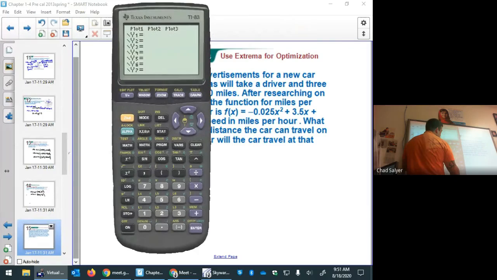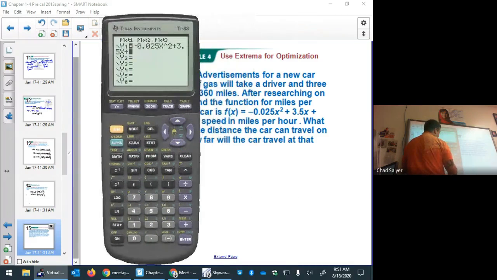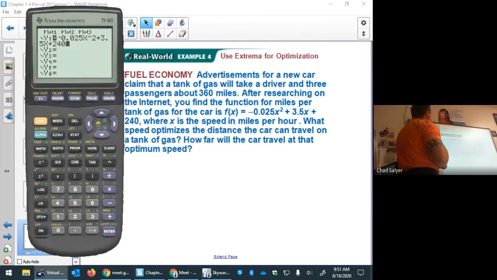So we punch in -0.025x squared plus 3.5x plus 240. Okay, so now we need to be careful with our window. So 360 miles is what you should expect. So I would expect my y values to be around that.